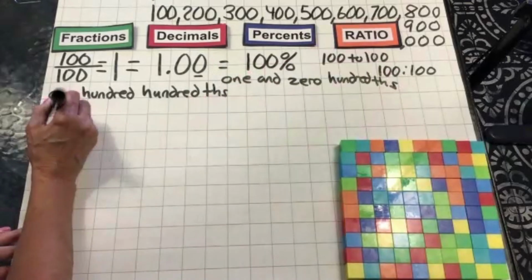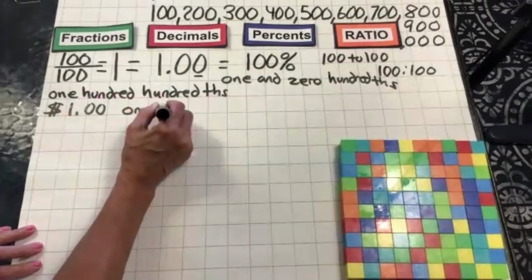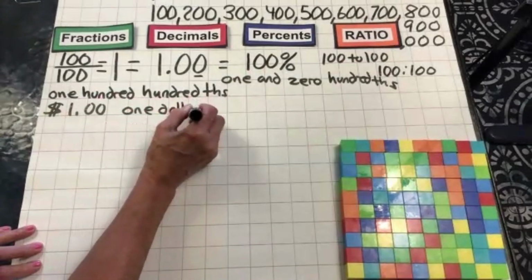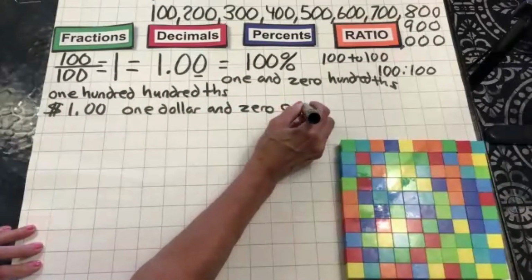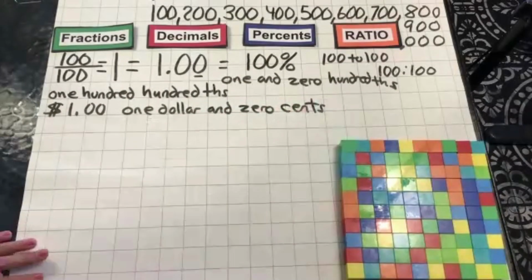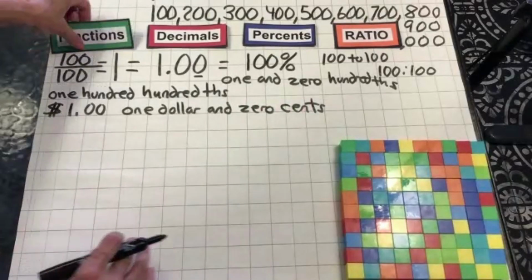If we wrote it in money form, it would be $1 and 0 cents. Yee doggies. Good old 100.